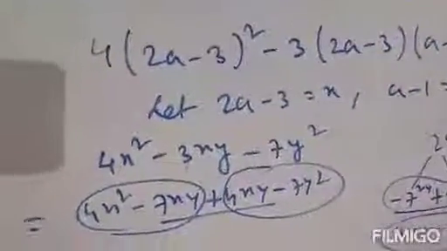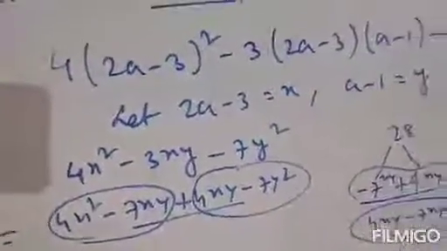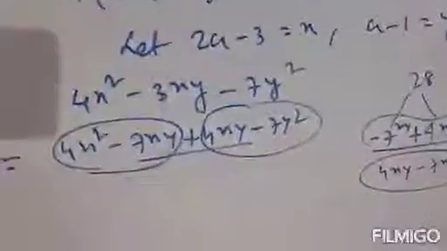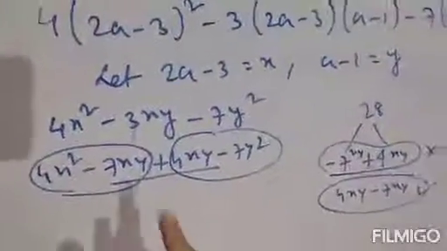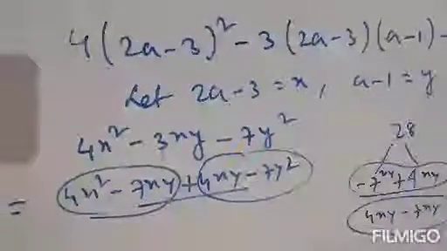Just do it in your rough work and check this. So we will write plus 4xy first and then minus 7xy, so that you can take common from these two expressions.